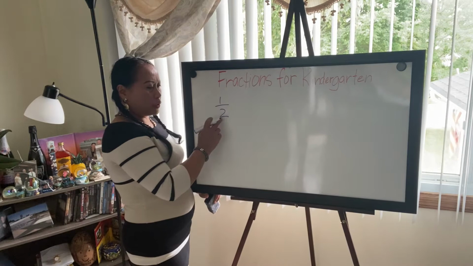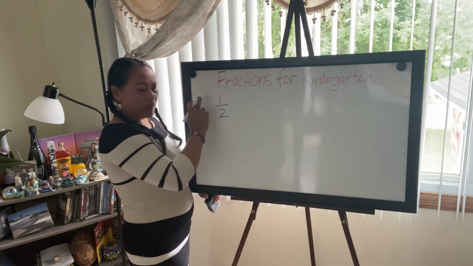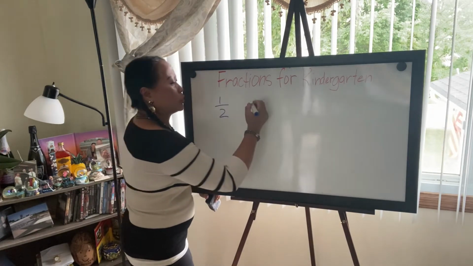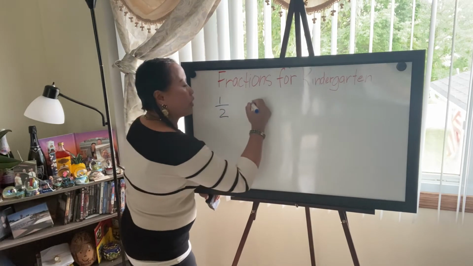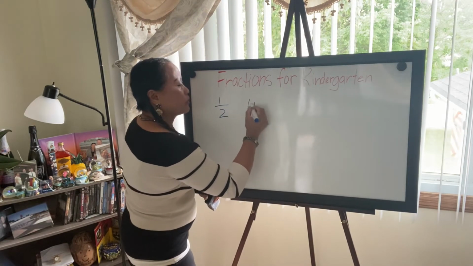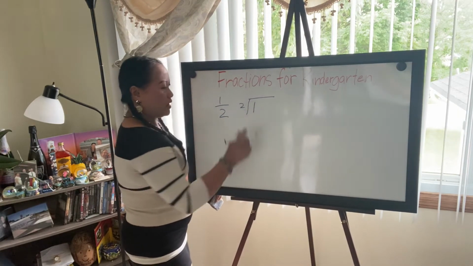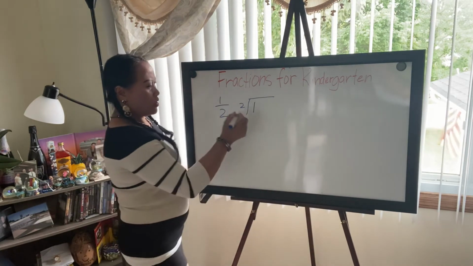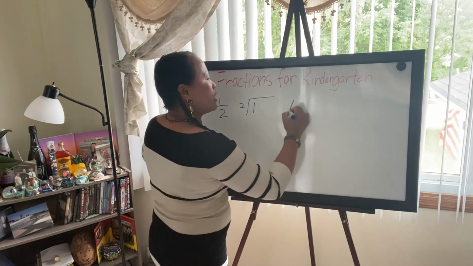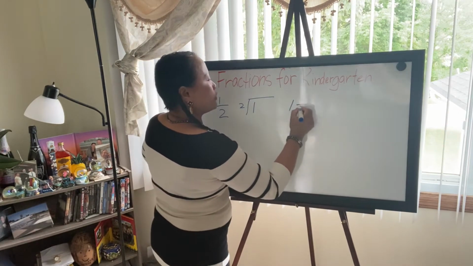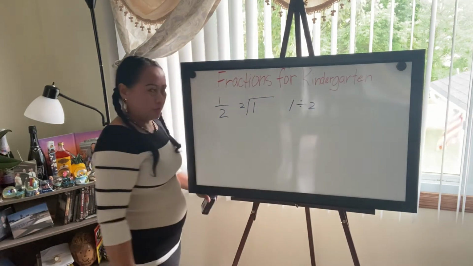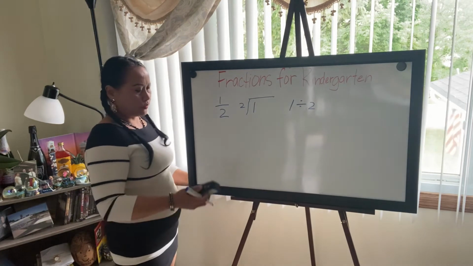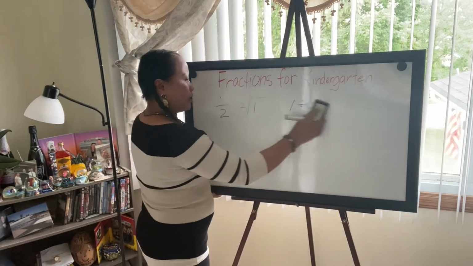Because 1 over 2, that means you have to divide. 1 divided by 2, it's translated this way. Or you can also write 1 divided by 2. So that is the same. Okay?